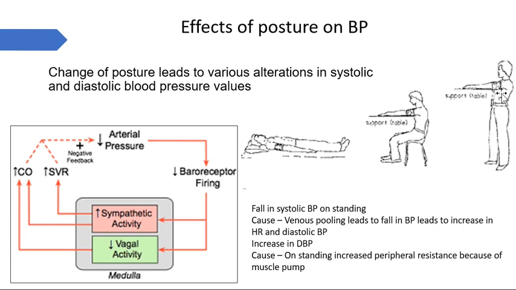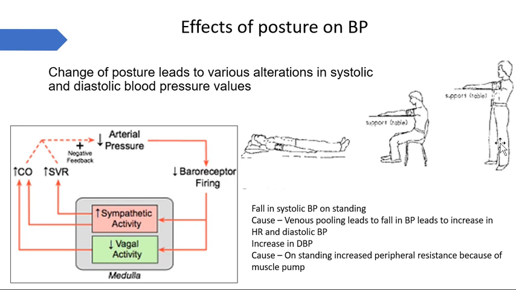On standing, there is venous pooling because of gravity. Because of that, there is a fall in systolic BP on standing. Venous pooling leads to a fall in BP, which leads to an increase in heart rate and diastolic BP. The rise of diastolic BP is because on standing there is increased peripheral resistance.